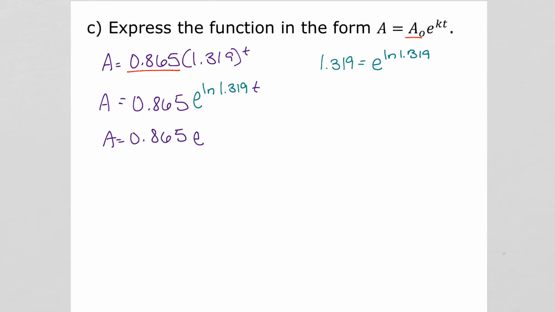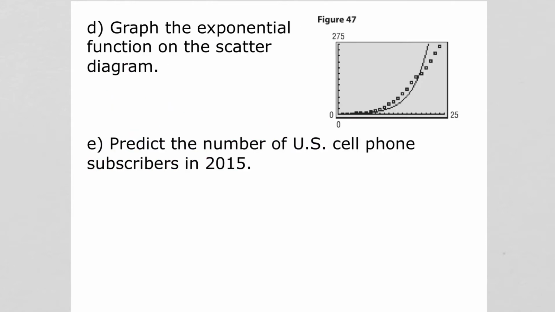Now, if you put in your calculator the natural log of 1.319, you get 0.227. And there's your function now in terms of e. Graph the function on the scatter diagram. You can just go over to graph, and it should already be there if you saved it under y sub 1.